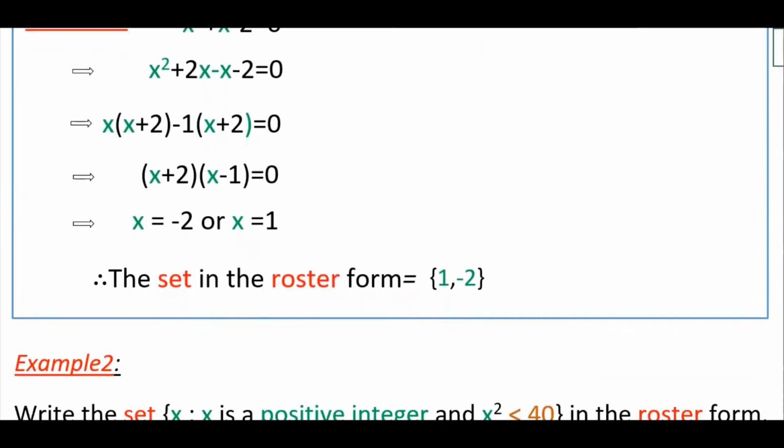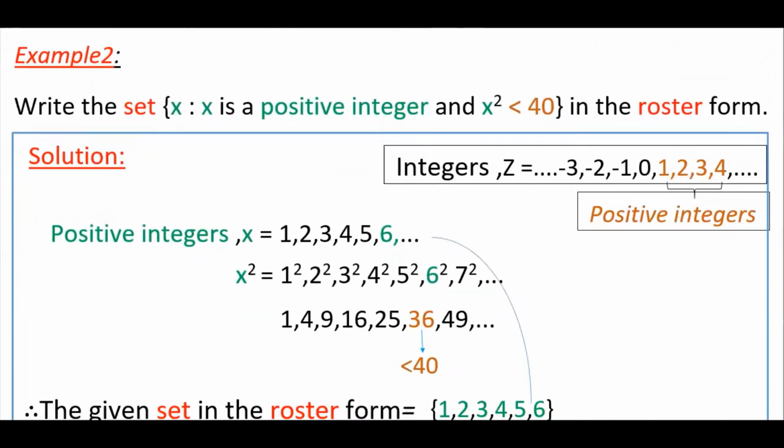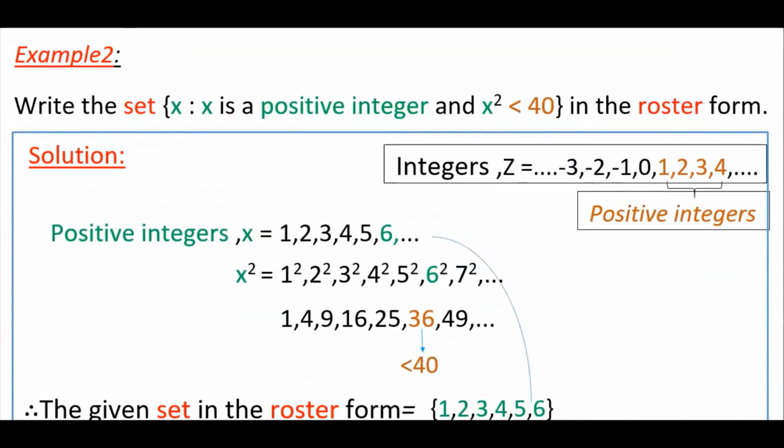So the second example is: write the set {x such that x is a positive integer and x square is less than 40} in the roster form. So here the set is given in the set builder form. You have to write it in the roster form. So for that you have to find the elements of this set. Here positive integer.